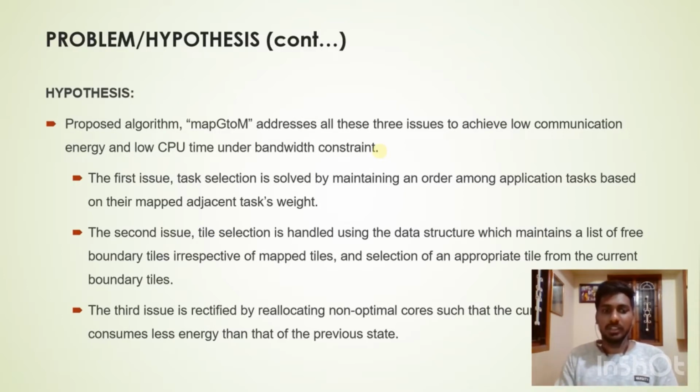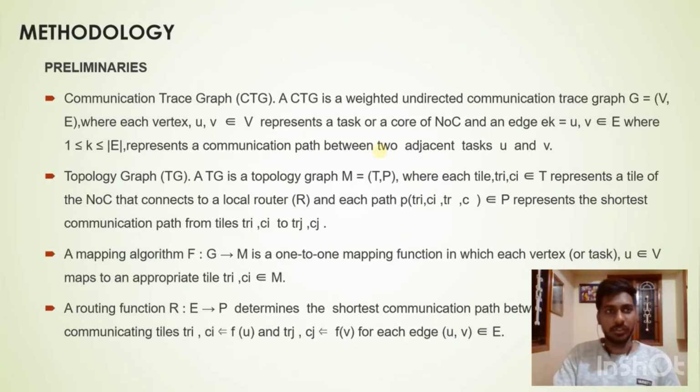Maybe sometimes it may be higher, but most of the time, when we compare to another algorithm, this MapG2M plays a vital role in energy efficiency, but not in bandwidth. Clearly they have told it in the introduction itself, so we are not going to consume that. Low CPU time under bandwidth constraint. We should note it down.